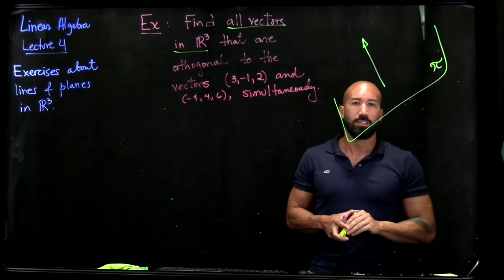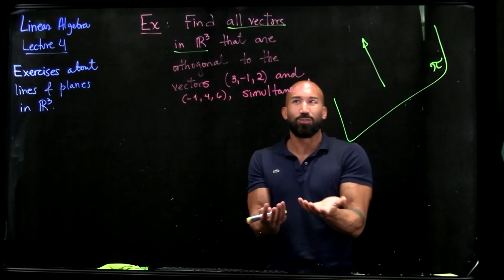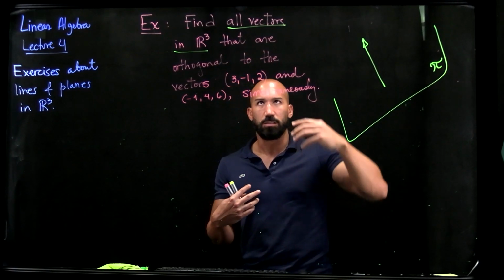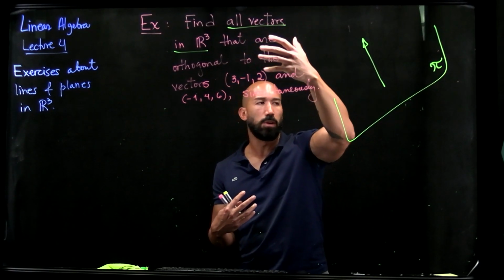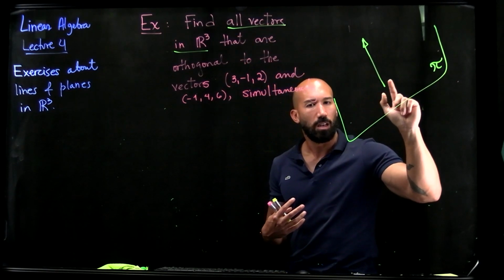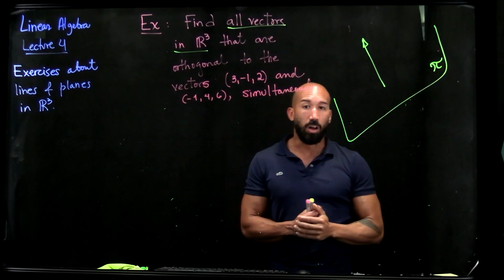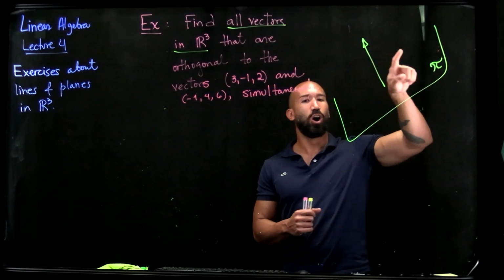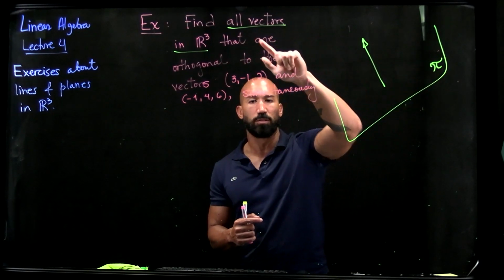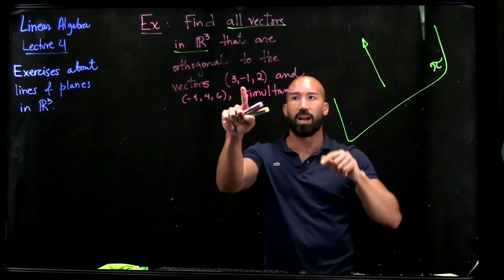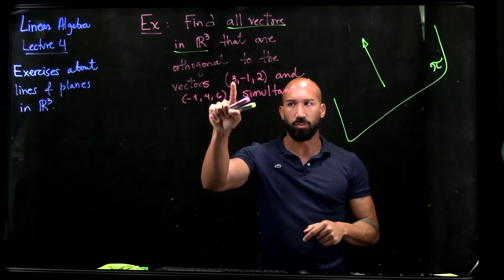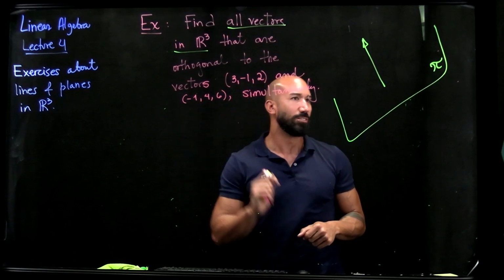Since the vectors that we are looking for are orthogonal to this one, all vectors that solve this problem lie on this plane. But not every vector that lies on this plane is a solution to my problem, because I not only want vectors that are orthogonal to this given vector, but also orthogonal to this second one.